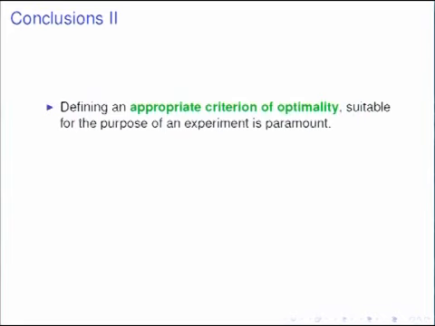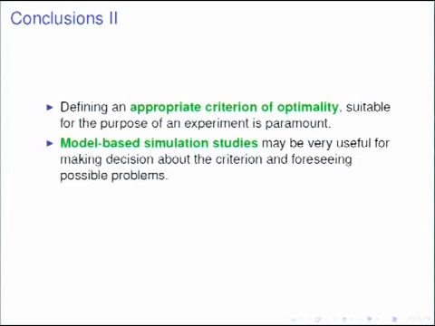And further, what we could say is that defining a proper criterion is an extremely important thing. Model-based simulation studies may be helpful for making decisions about the criterion, about the possible problems.